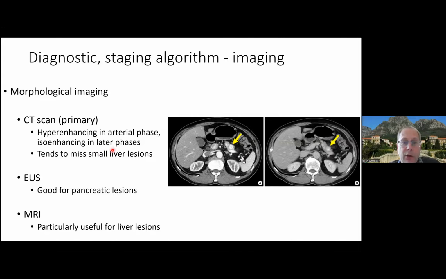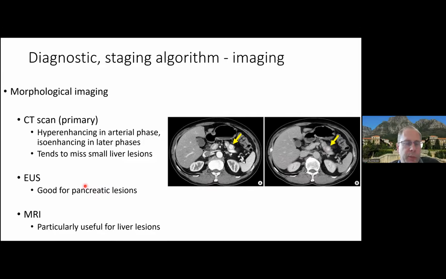Because of this characteristic, one can often miss small liver lesions, especially when looking in the venous phase, but also for that matter in the arterial phase. So liver lesions can be particularly difficult to pick up on CT.